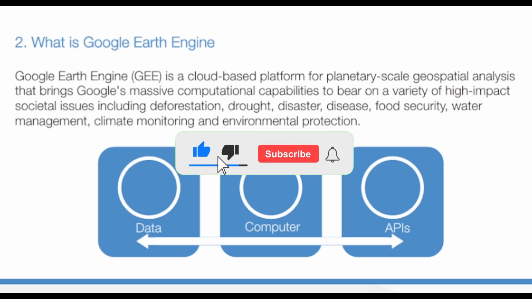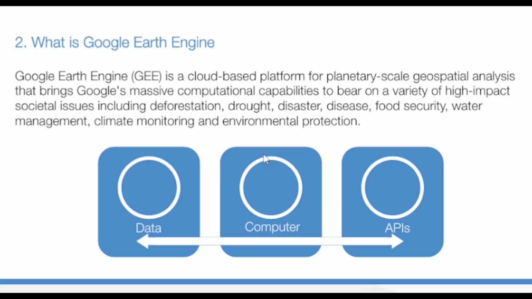It is abbreviated as GEE, which is a cloud-based platform for planetary-scale geospatial data analysis that brings Google's computational capabilities to bear on a variety of high-impact societal issues, including deforestation, drought, disaster management, disease, food security, water management and water monitoring, climate monitoring and environmental protection.